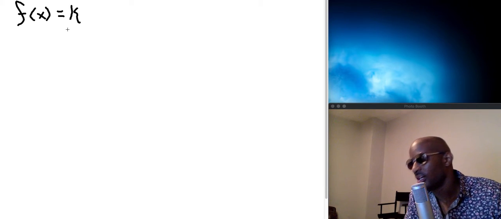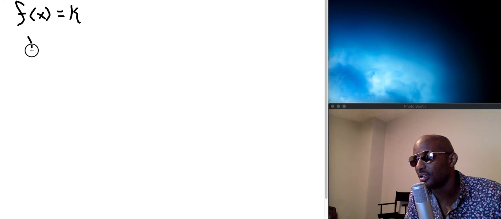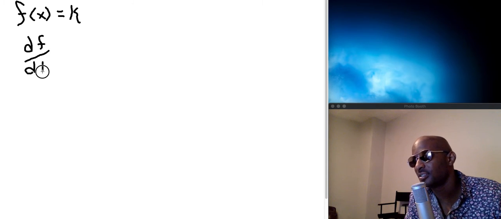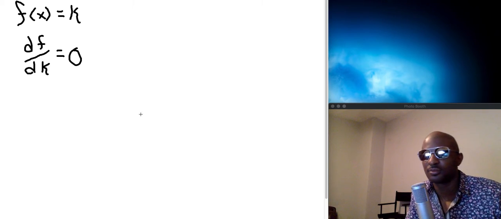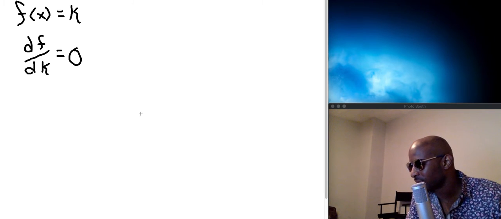For any function f of x in which k is equal to some constant, the rule states that if we take the derivative of this function f with respect to x, k being the constant, the derivative of that function is going to be 0. Okay, so that's pretty straightforward.